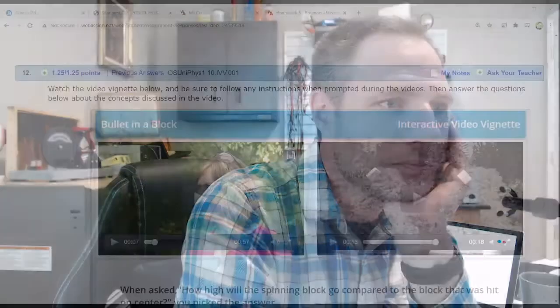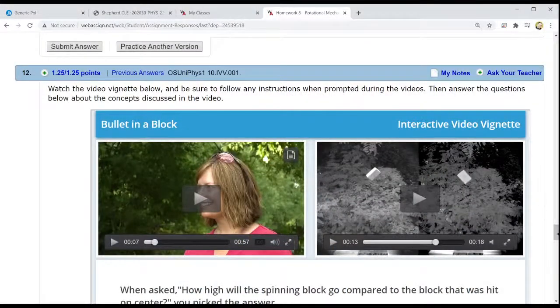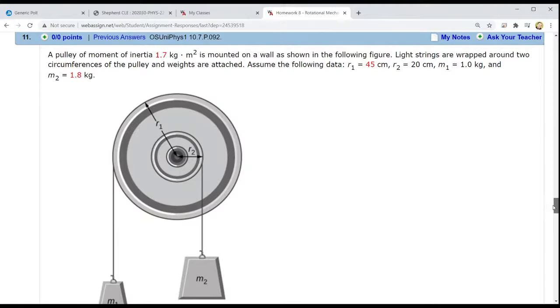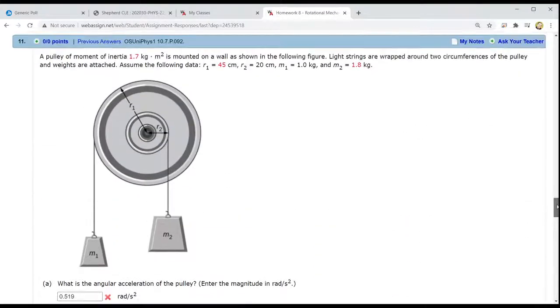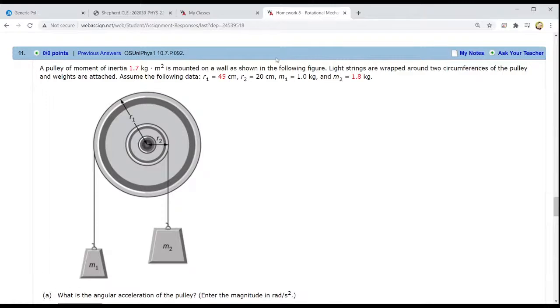Obviously they're using some high-speed cameras to take video of the block as it's rising and rotating. All right, let's take a look at this problem. Again, you won't get credit even if you get the correct answer, but let's look at how you would set up a problem like this and solve it.